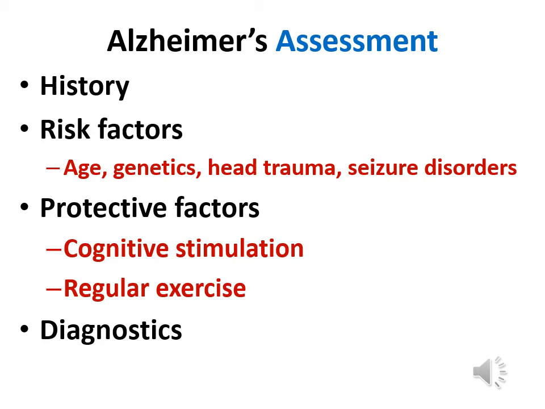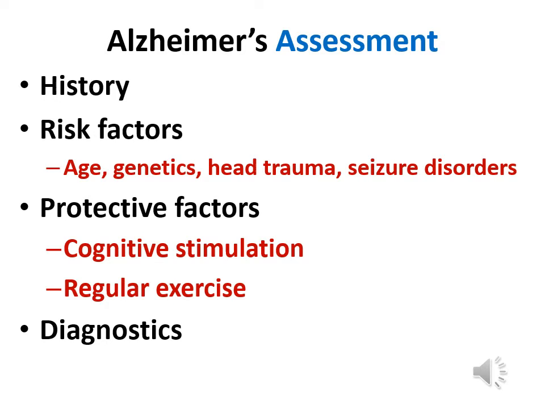So when you assess the client with Alzheimer's disease, your assessment is going to look the same as when we assessed our other clients. Important to try to pick out some of the risk factors that have been identified and that we've talked about. Age, and I'm not sure that we talked about head trauma and seizure disorders.